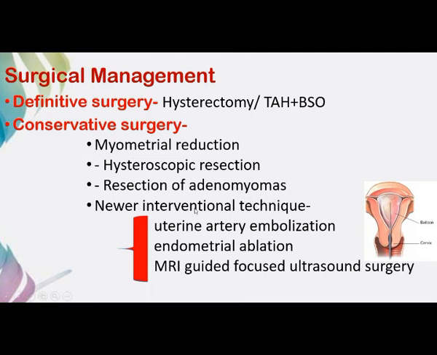Newer interventional techniques are uterine artery embolization, which we already showed you in the video, endometrial ablation, and MRI guided focused ultrasound surgery. Endometrial ablation is done with a device and a balloon. So these are the surgical management.